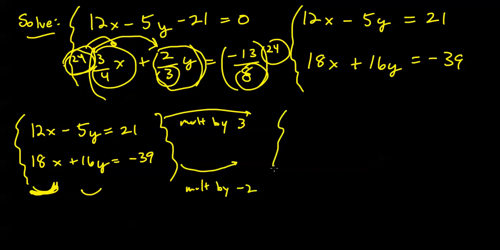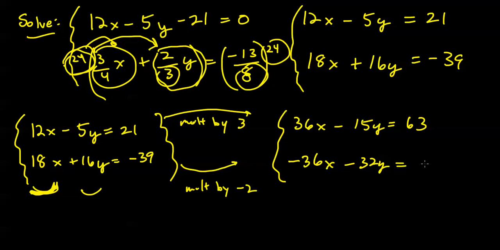I think we'll be able to eliminate the x variable quite nicely then. Watch what happens here. I'll get a 36x minus 15y equals 63 on the top equation, an equivalent equation, right? And on the bottom, multiply through by negative 2, I'll get a negative 36x. See what I did there? Minus 32y, be careful of the signs, equals positive 78.